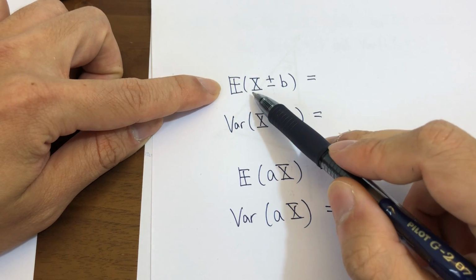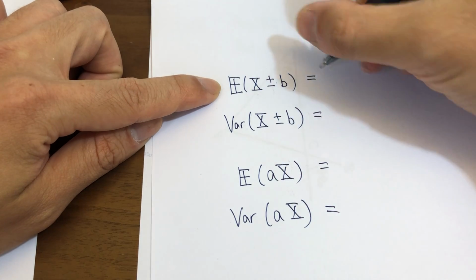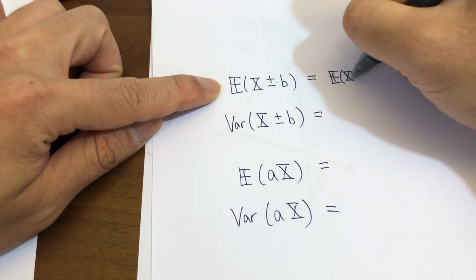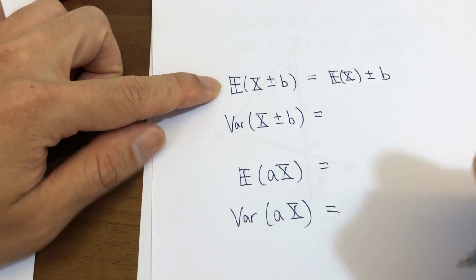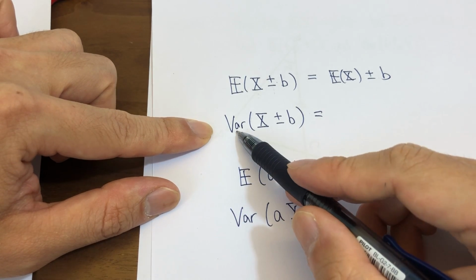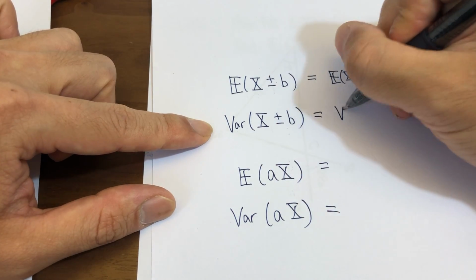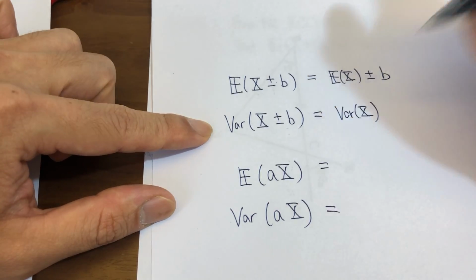The expected value of x plus or minus b will become just the expected value of x plus or minus b. And then the variance: no matter whether you add or subtract a constant, the variance stays the same, the variance of x.